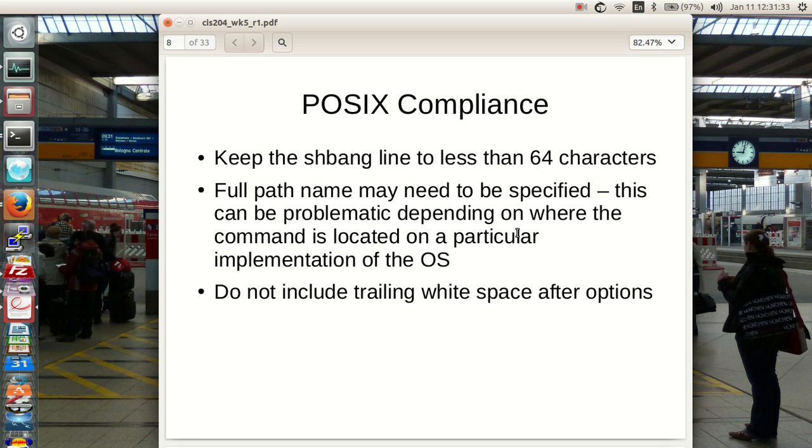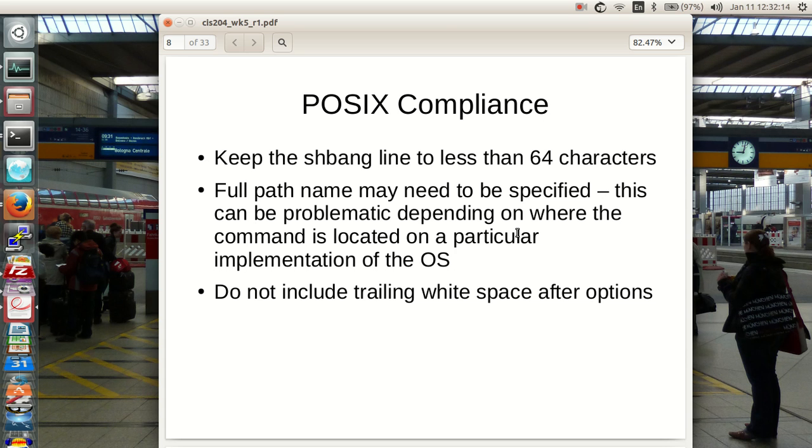Never assume that one machine uses the same path as another machine, and never assume that one user has the shell home in their paths. So always use the full path name, and you do that for security reasons as much as anything else. Now, that full path name can be problematic. It depends on where the shells are placed in any particular distribution. So you may have Joe Blow's Unix or Linux, and it may have shells in /usr/bin.